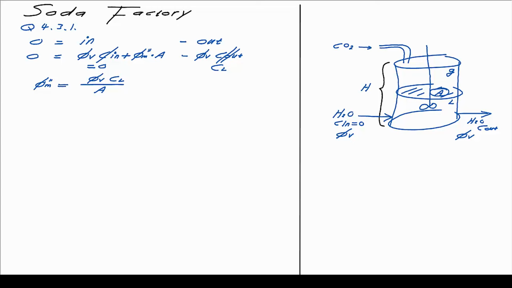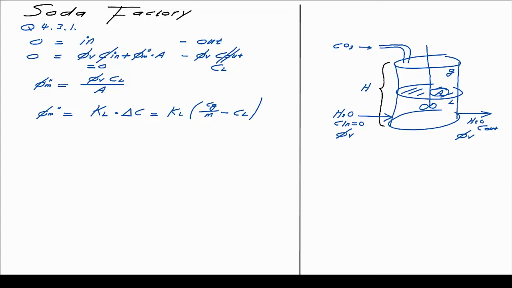Now, this phi m double prime we can also write as capital KL times the driving force delta C. This driving force from the perspective of the liquid is given by Cg divided by m minus Cl.